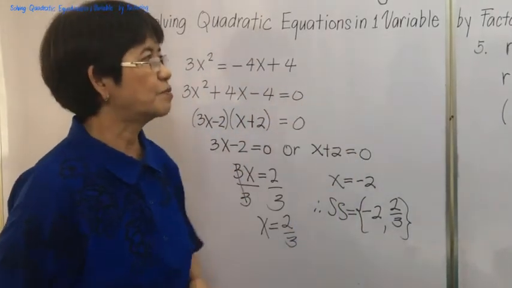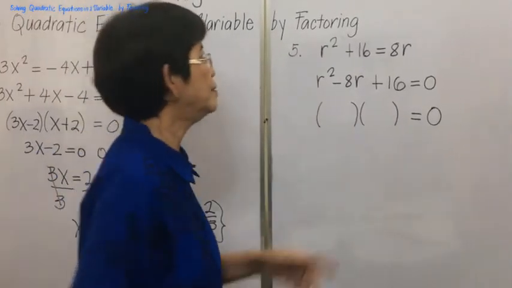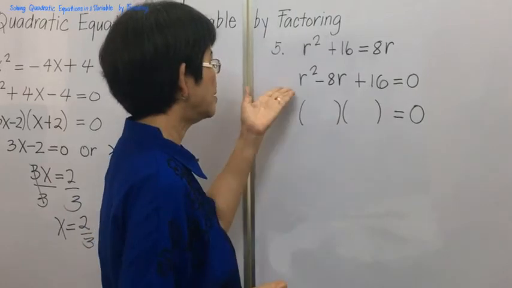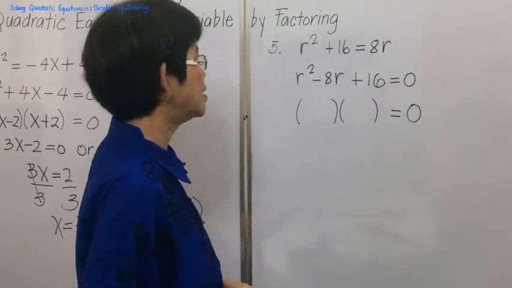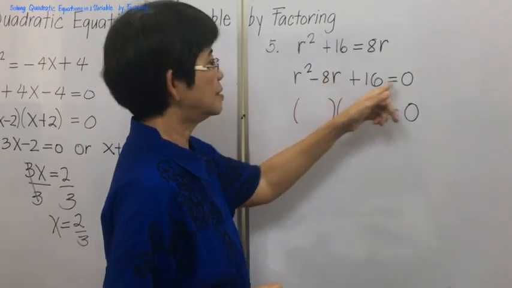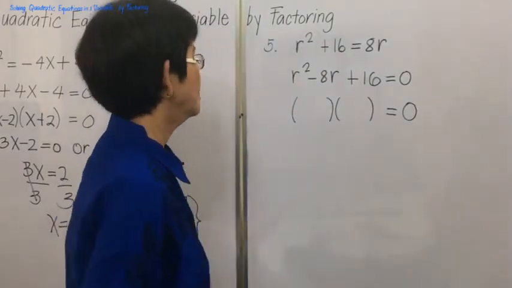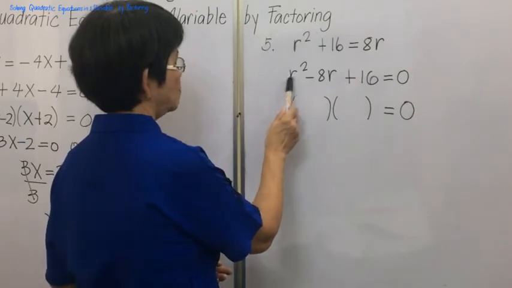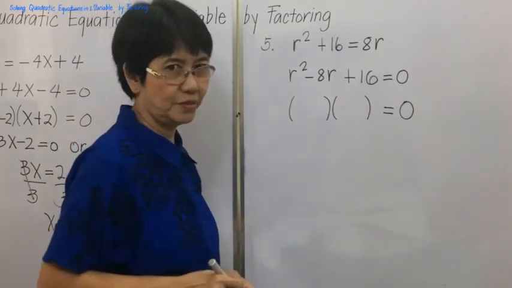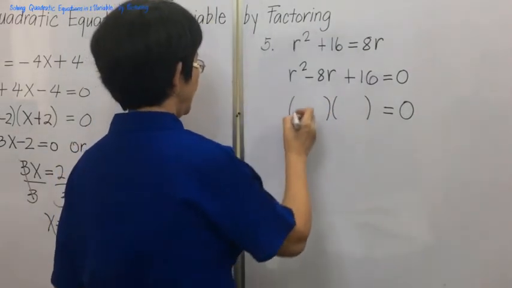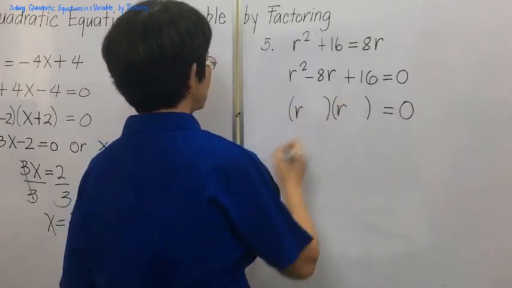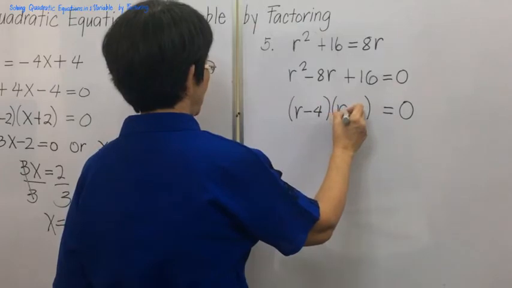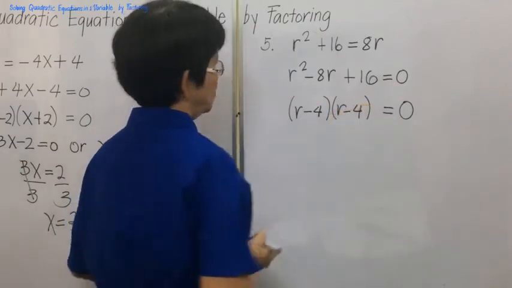And our last example, we have r² + 16 = 8r. Rewriting it, we have r² − 8r + 16 = 0. If you look at this expression, we have a perfect square trinomial. So we have the factors (r − 4)(r − 4).